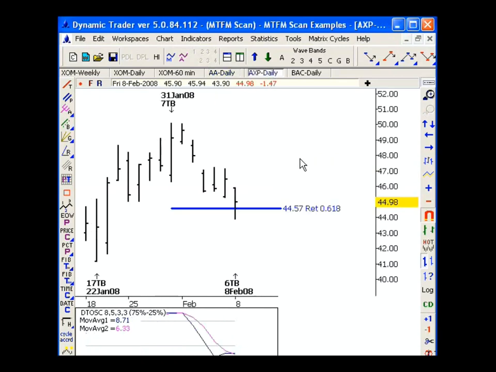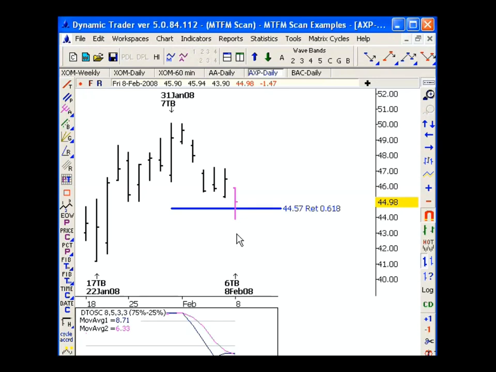Let's look at the next one, AXP. Excuse me, I had a little dyslexia of the symbols there. AXP, which is American Express. And this again, the last bar is on February 8th, the day that scan was done where the dual time frame momentum set up for a long trade.